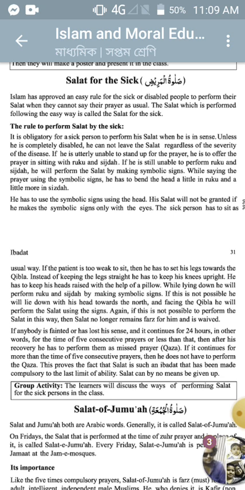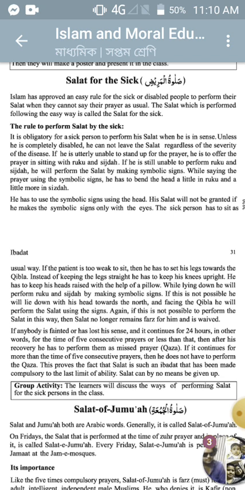He has to use the symbolic signs using the head. His salat will not be granted if he makes the symbolic signs only with the eyes. The sick person has to sit the usual way.